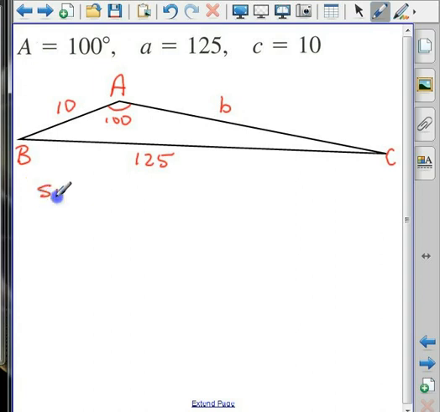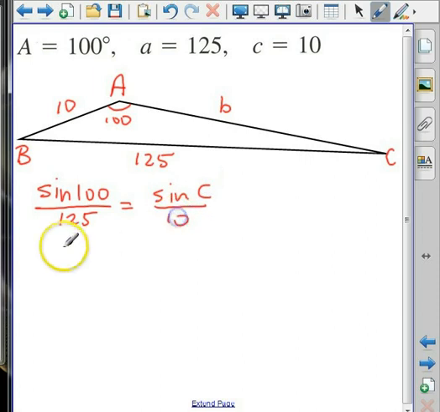Well, I can say that the sine of 100 over 125 is equal to the sine of angle C over 10. So 10 sine 100 over 125 is the sine of C.